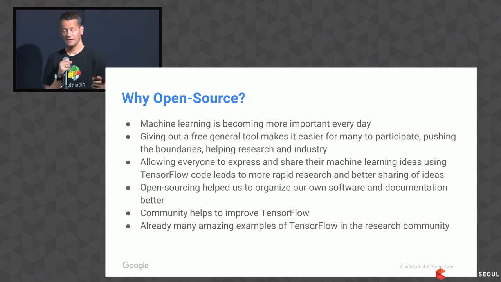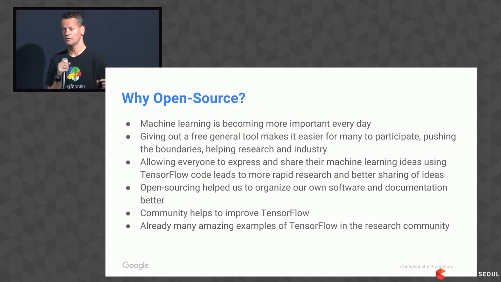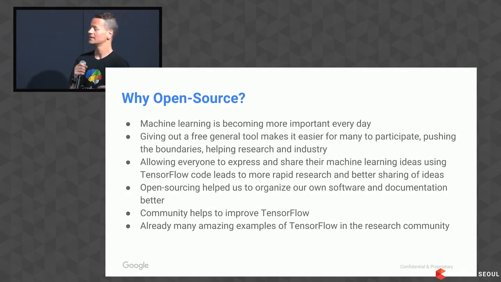Also, and this may be surprising to you, the open sourcing helped us organize our own software and documentation better. A lot of people think that at Google everything is very clean and organized and planned. That's usually not the case. It's usually very messy. Documentation doesn't exist.